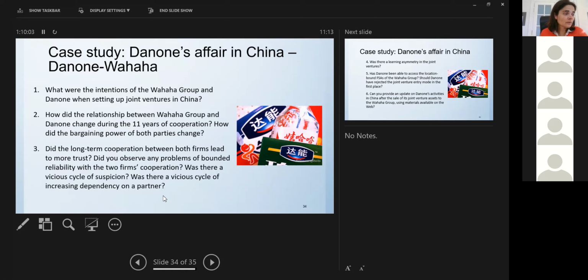They were already engaged in a lot of activities in China, and they had this company Wahaha from Hangzhou, which also had interesting brands, and they wanted to enter the Chinese market through this alliance. This is a case that is in chapter 12. So it's interesting to apply the framework that we studied to the Wahaha joint venture.